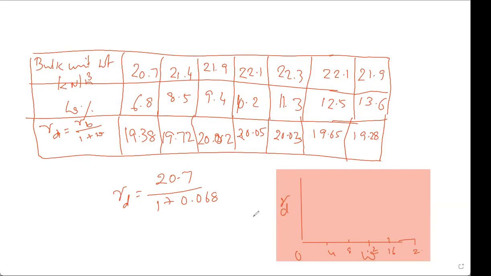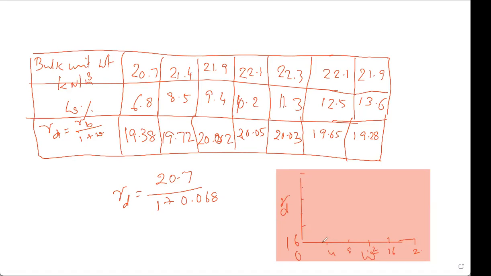The minimum is 19.28, so you can start from 16 directly. 16, 17, 18, 19, 20, 21. Then mark the points.